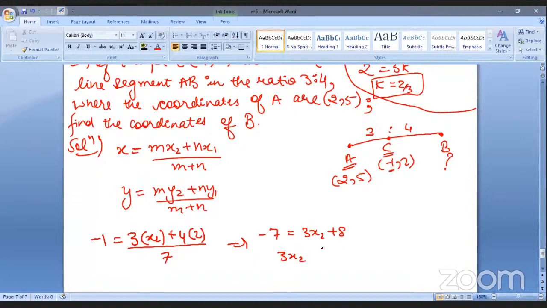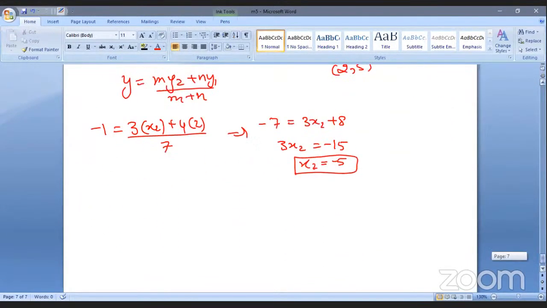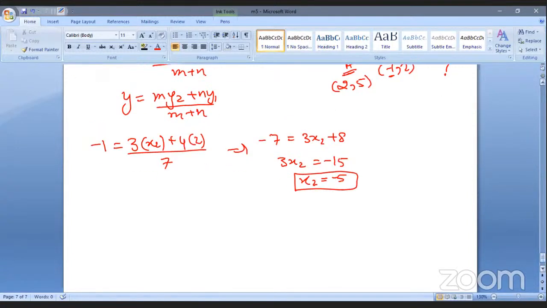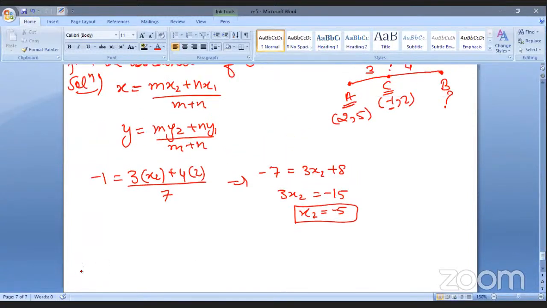So 3x2 comes out to be -15, so x2 comes out to be -5. Similarly, if we have to find y, y we already know, first of all.